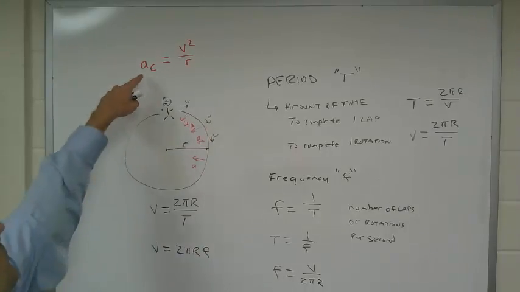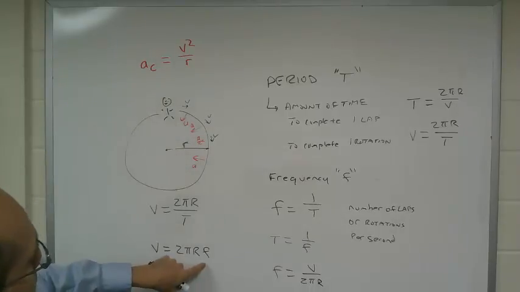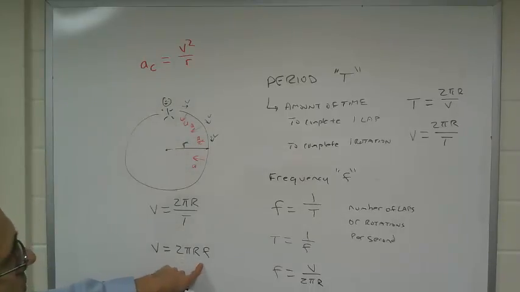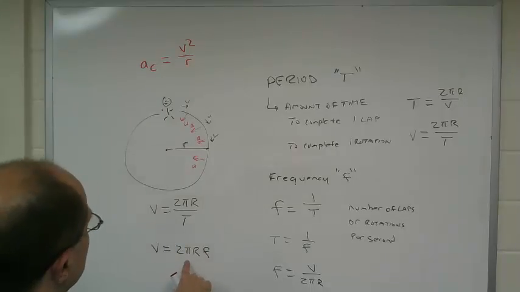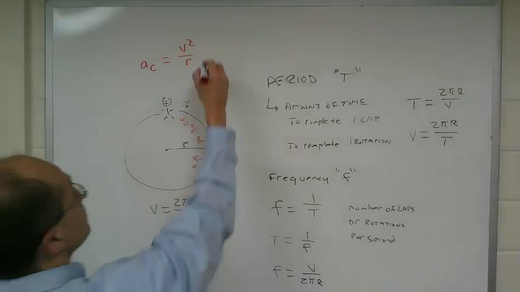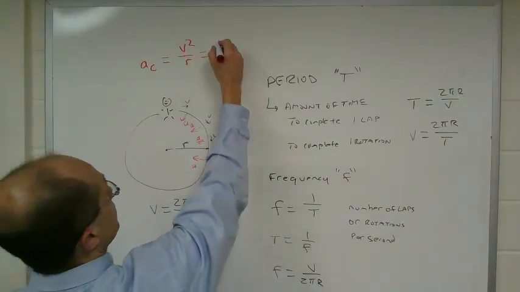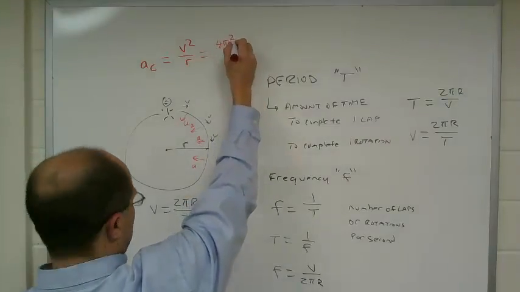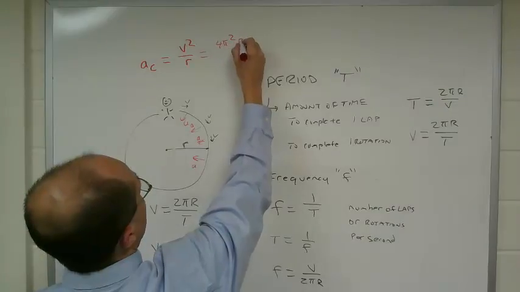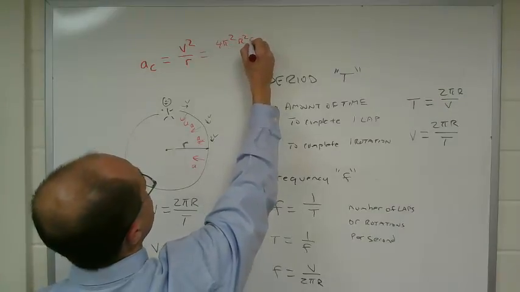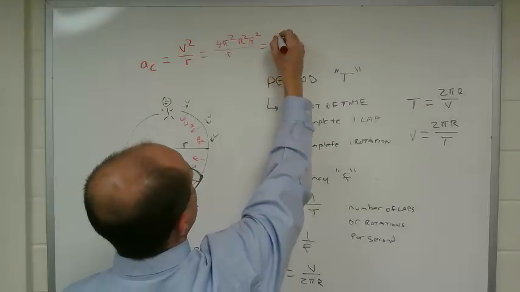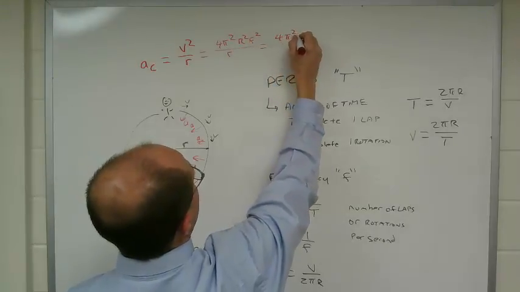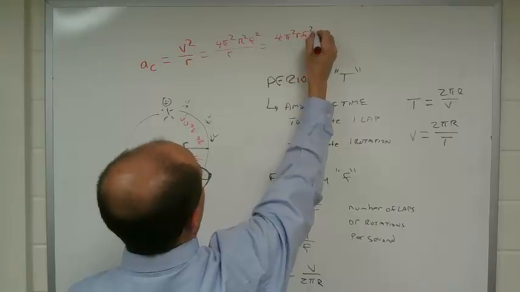We can define our centripetal acceleration in terms of our frequency and our period by plugging this in for v. What we see is 4 pi squared r squared f squared divided by r, which tells us that this is 4 pi squared r f squared.